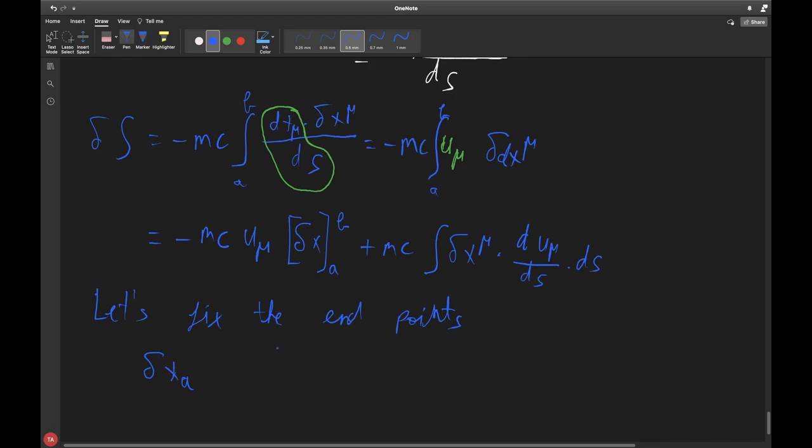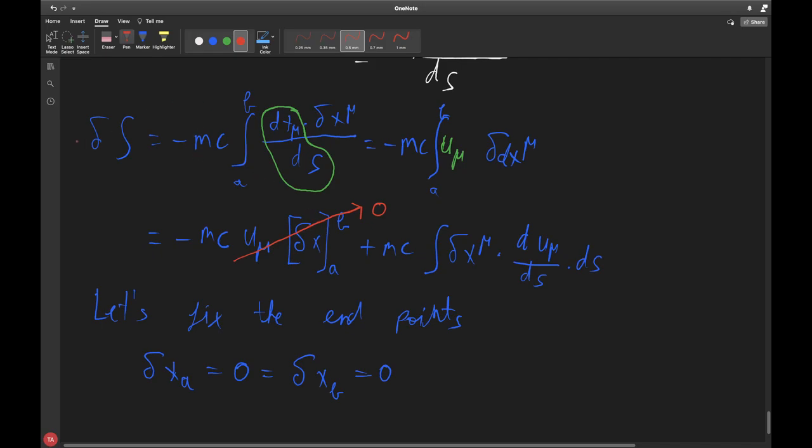Fixing them means that we don't change them, so the change is going to be 0. And that's the same thing as fixing the other end, which was denoted with the x b. That's also 0. So then this term is zeroed out by doing this.